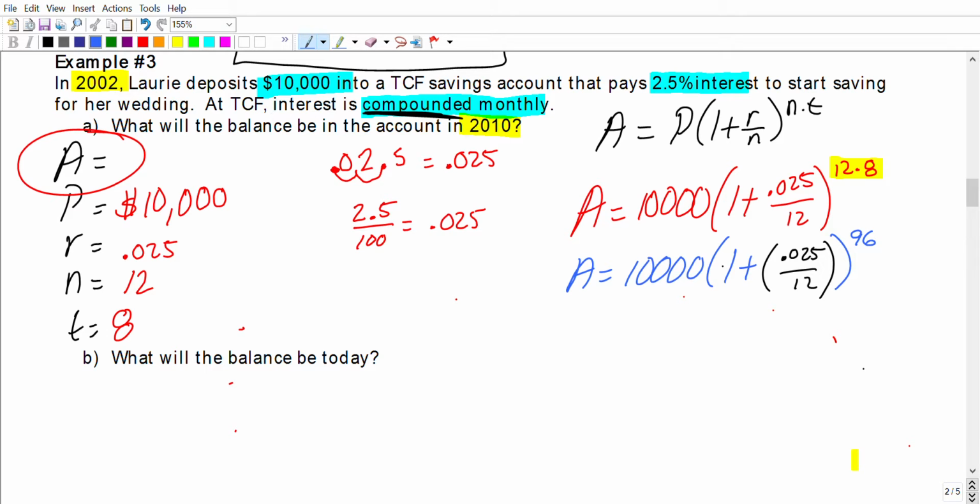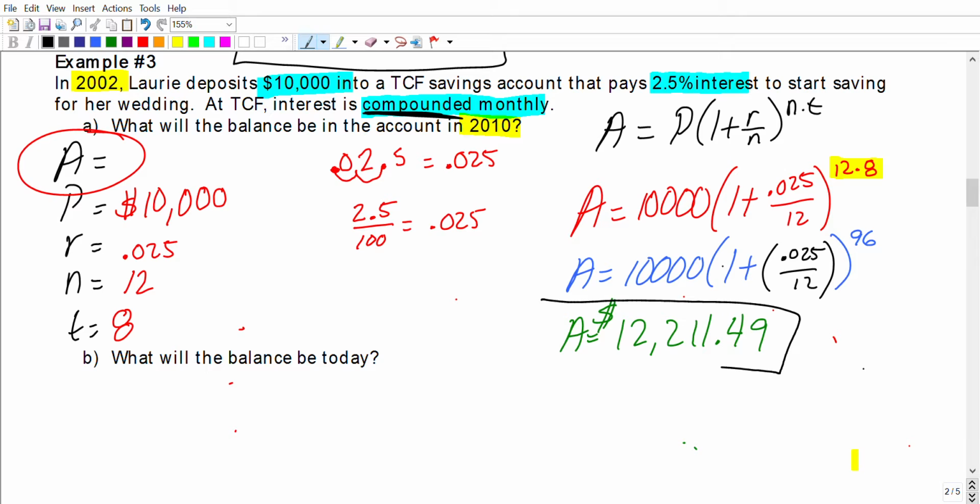And I got, and hopefully you got, $12,211.49. So this here is what you should have gotten as your final answer if you substituted everything in correctly. Okay.